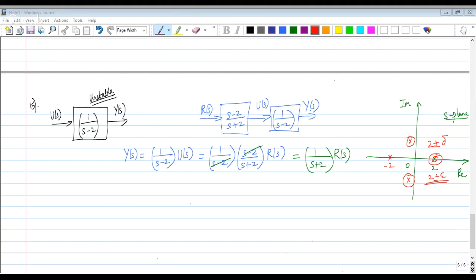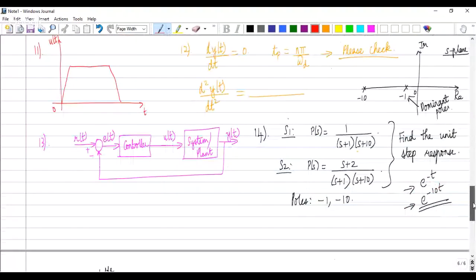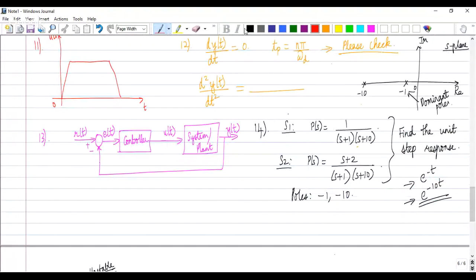Okay. How can we say if we have a zero in the RHP, the output y of t starts in one direction? That is essentially the consequence of a non-minimum phase zero. So once again, I'm going to leave you with an exercise. I gave you 2 problems to do. So consider another system.